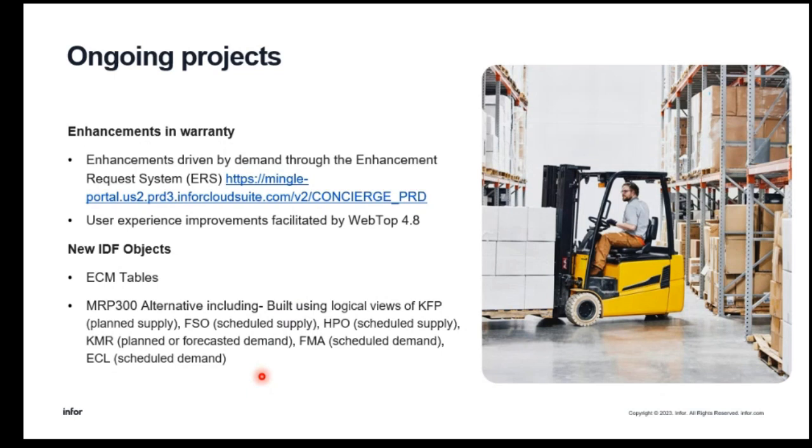And building a very dynamic presentation of your manufacturing requirements. So we are designing an alternative to MRP 300 in IDF. It's a lot to do that effectively, but we feel like it's really important to give a better user experience for everybody that uses MRP 300.